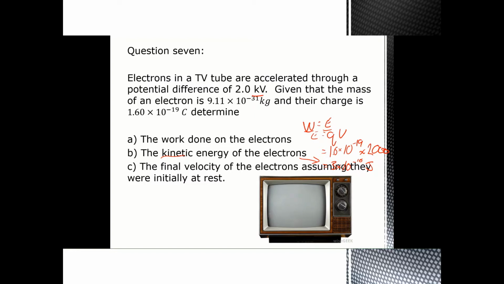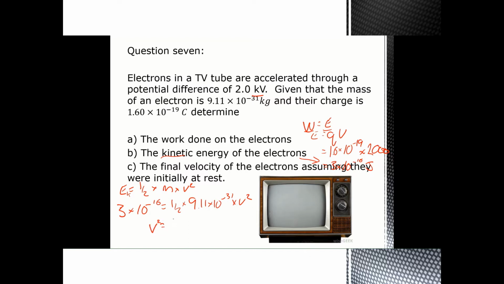And then the final velocity of the electrons, assume they were initially at rest. Well, E for kinetic energy is equal to half times mass times velocity squared. Substitute it in. 3 times 10 to the minus 16 is equal to half times mass, which we actually know, 9.11 times 10 to the minus 31, times V squared.